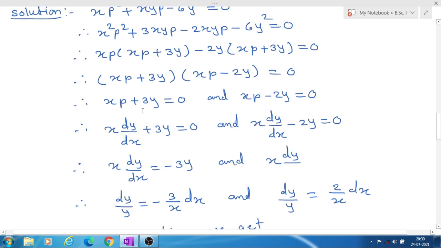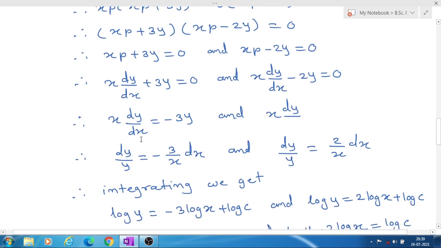Now we equate each factor to 0. So xp plus 3y is equal to 0, and xp minus 2y is equal to 0. So now we have to solve these equations. So put the value of p as dy by dx. So x into dy by dx plus 3y is equal to 0, and x into dy by dx minus 2y is equal to 0.